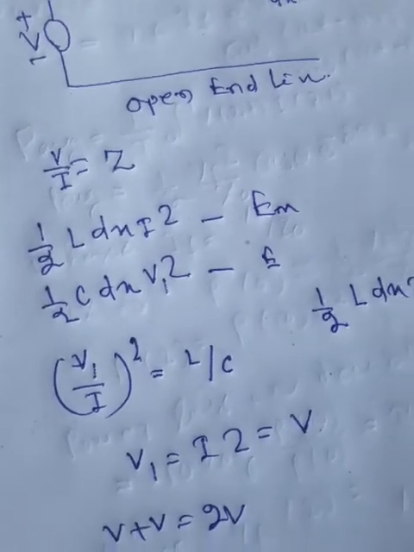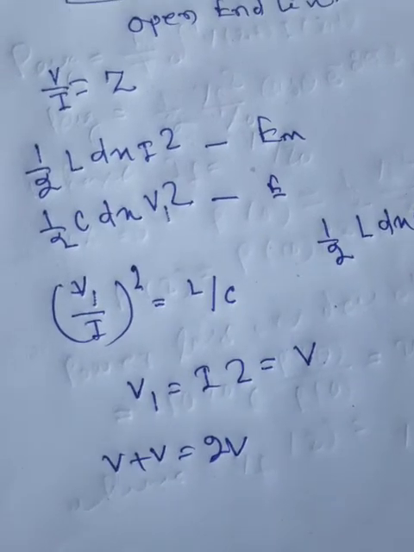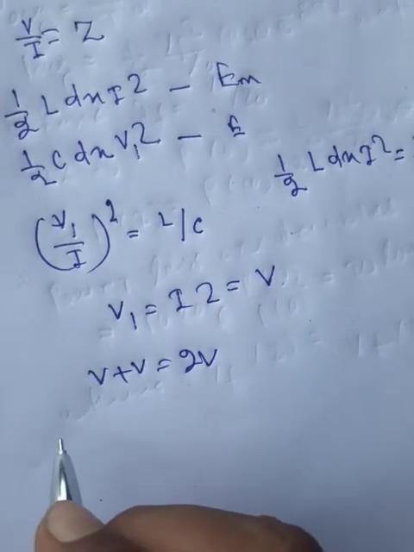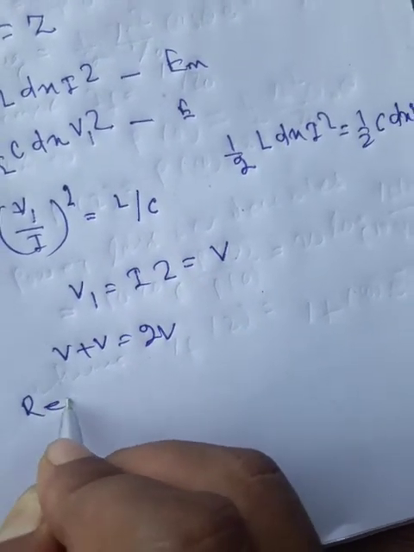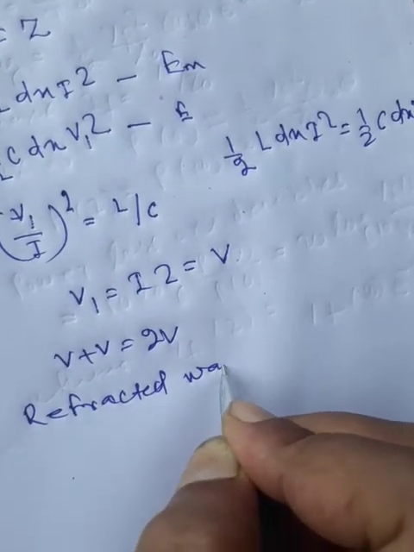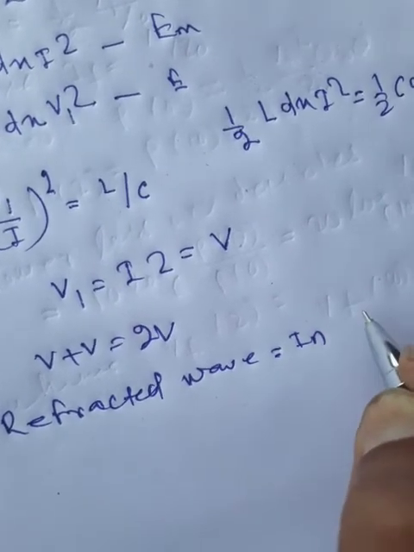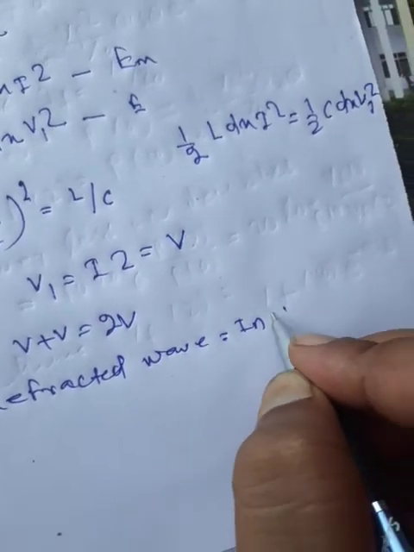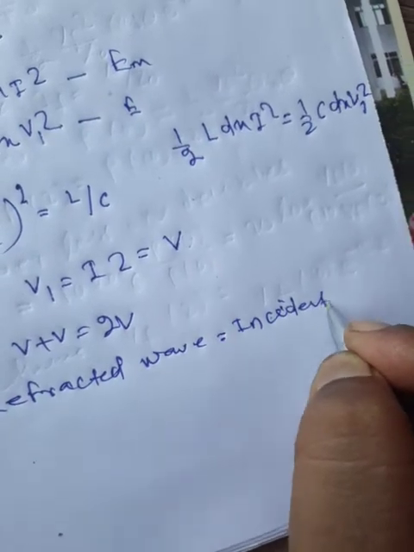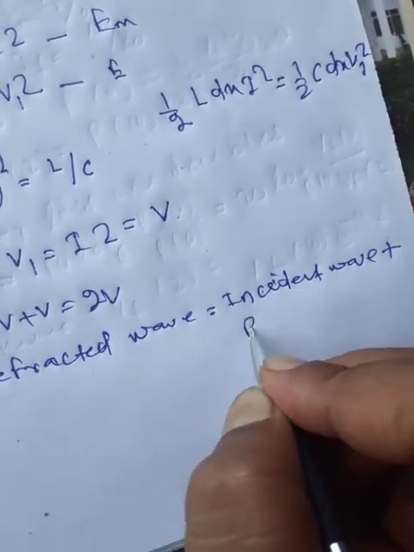So we can write refracted wave equals incident wave plus reflected wave.